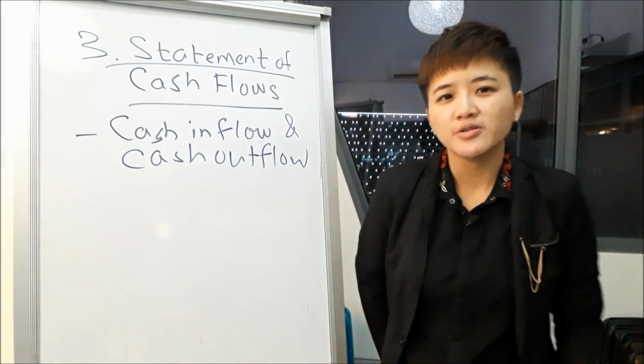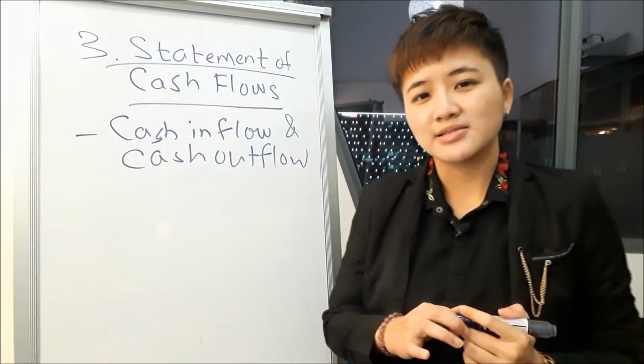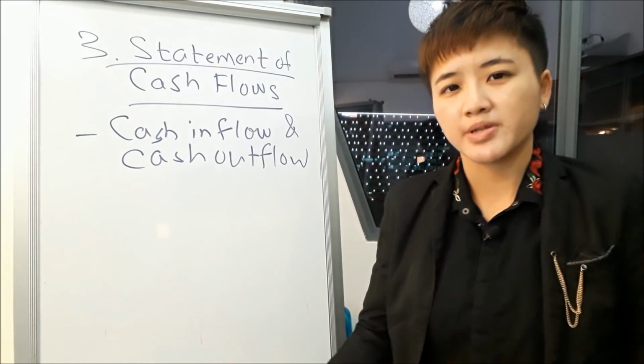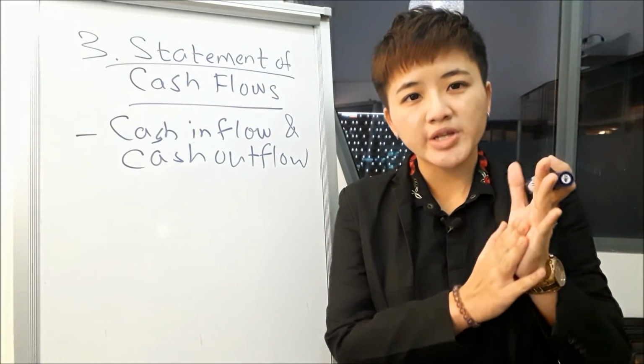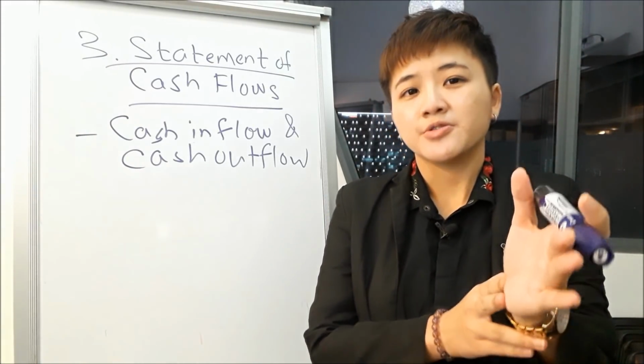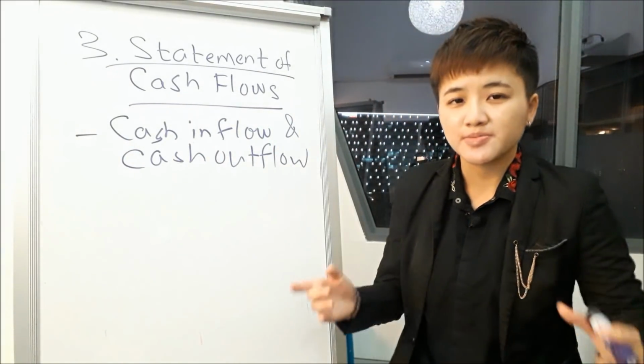A lot of investors feel the statement of cash flow is very complicated, but actually it's quite simple if you really study it properly. To put it in summary, it measures how much cash is flowing to the company at this point of time, and also how much cash is flowing out of the company at this point of time.